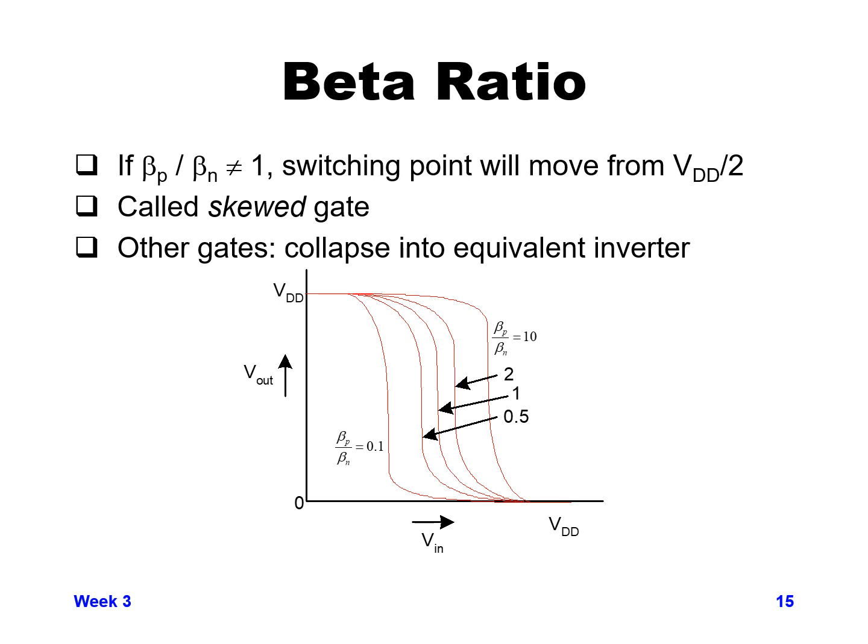So a high skew gate will need a higher value of Vin to switch from 1 to 0, and a low skewed gate requires a lower value of Vin to switch from a 1 to a 0.